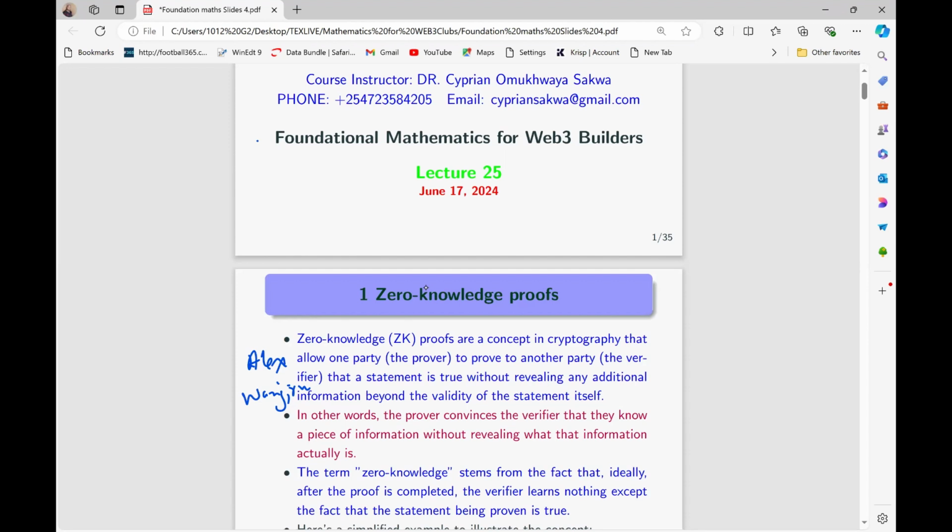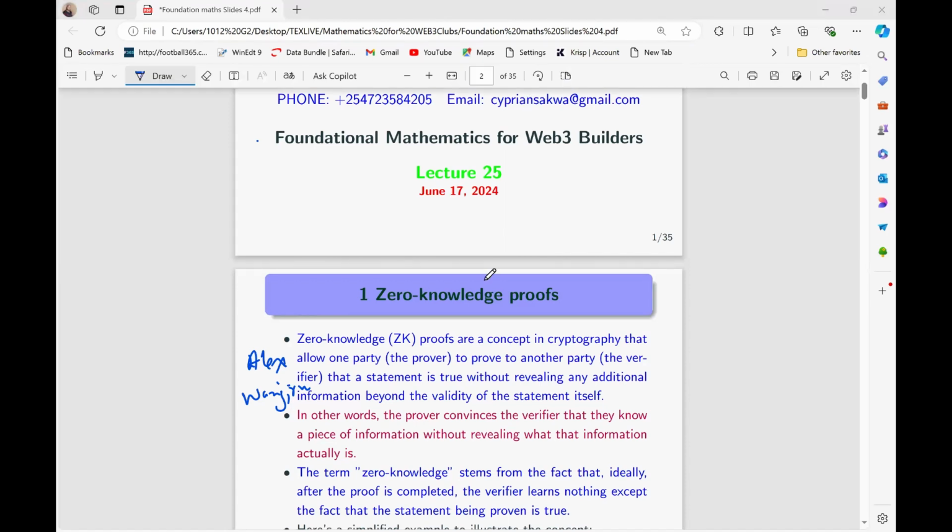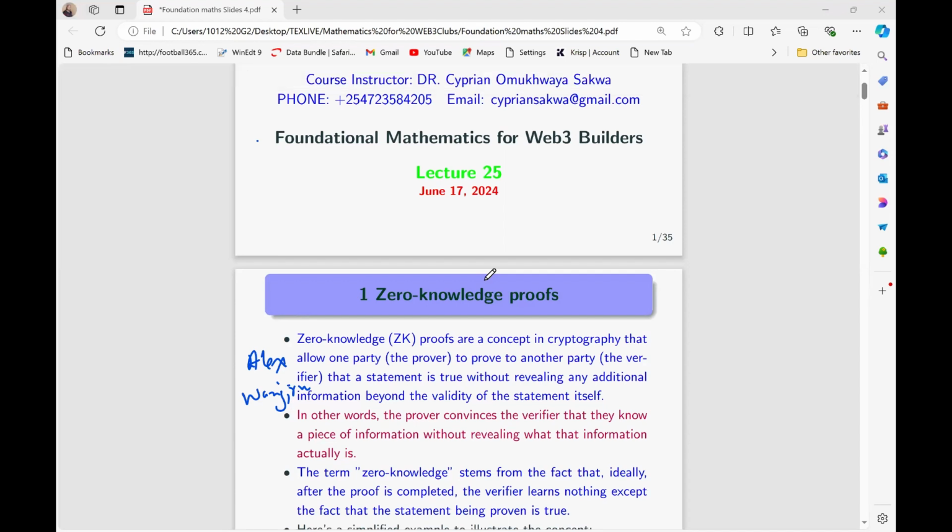Alex is aware of that, but he wants to know whether it's true. So while Wanjiru is facing aside, Alex plucks a few leaves from that tree, let me say 10 leaves.